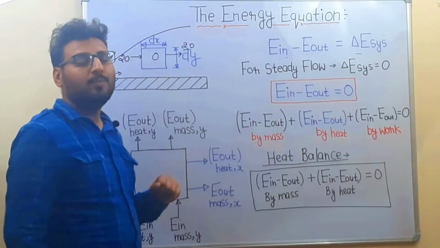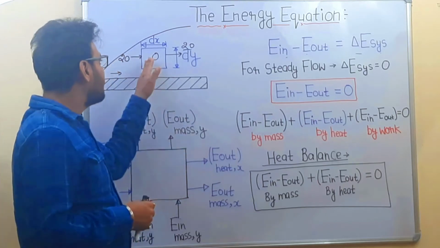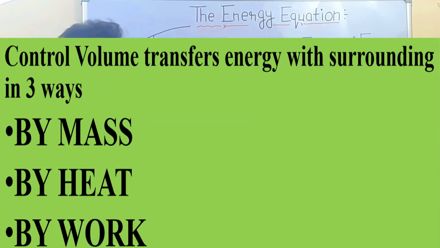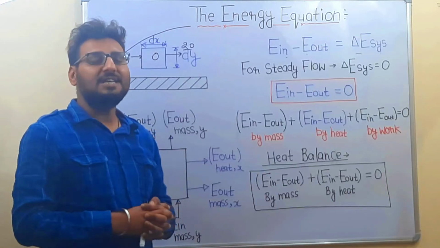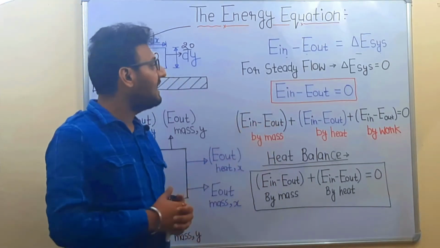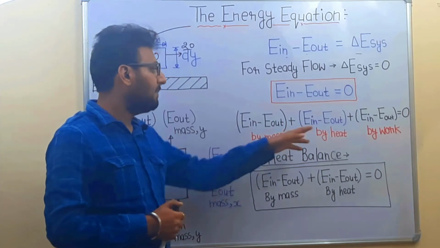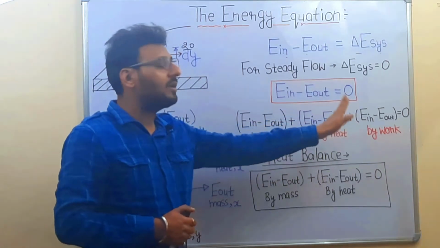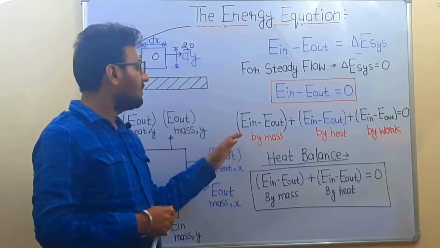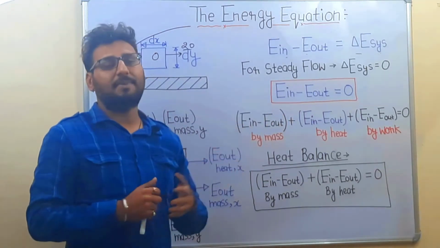This control volume can transfer energy with its surrounding fluid in three ways: energy transfer by mass, energy transfer by heat, and energy transfer by work. The energy equation becomes: E in minus E out by mass, plus E in minus E out by heat, plus E in minus E out by work, equals 0. Now we are going to discuss energy transfer by mass, heat and work separately.